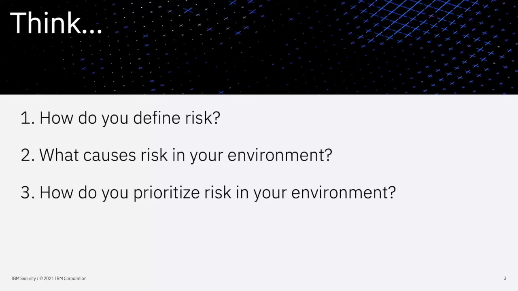But say you are a bakery, and you have the best cookies in the whole US, and that cookie recipe is super top secret. If it were to get out, everyone would make your cookies, and you lose that leg up in your area of business. So you have a certain risk that's associated with that. For each business, risk is a little bit different. So think about what that means for you.